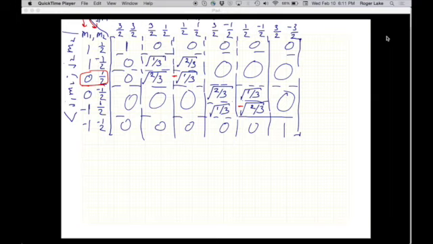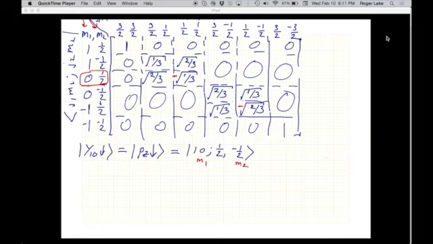We can do Y10 down, which is our PZ down, which in this notation we're using is our 1, 0, 1/2, -1/2 state. So again, this is our M1 is 0 and our M2 is -1/2.